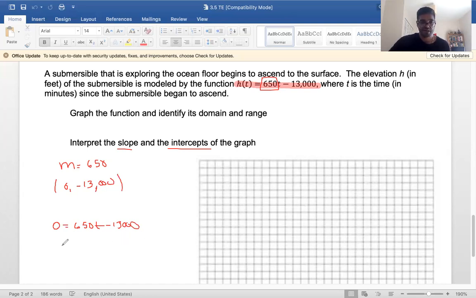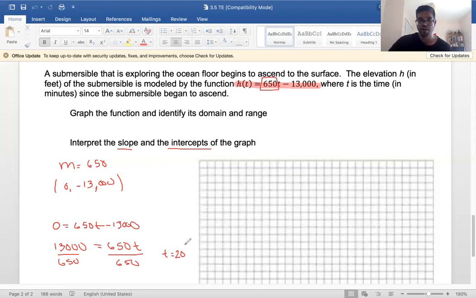If I add 13,000 to the other side, you get 13,000 equals 650t. Divide by 650, and I get t equals 20. So it takes 20 minutes for our submarine to reach the surface.